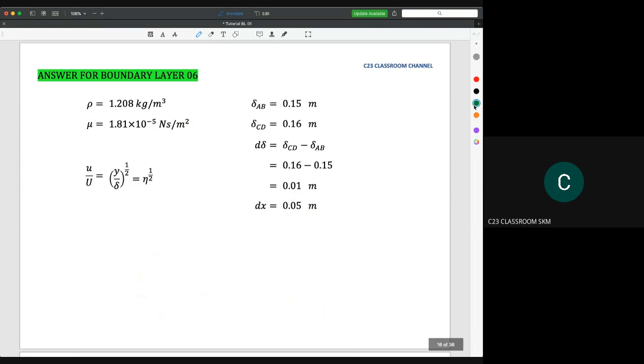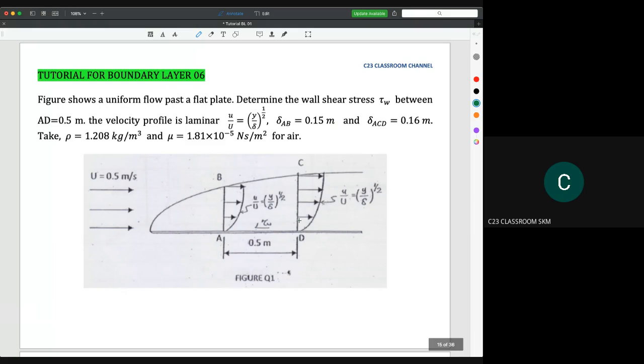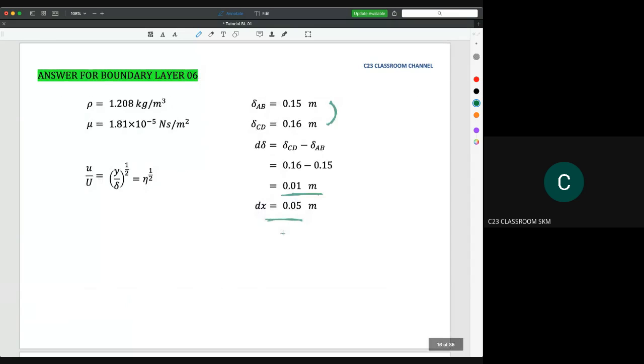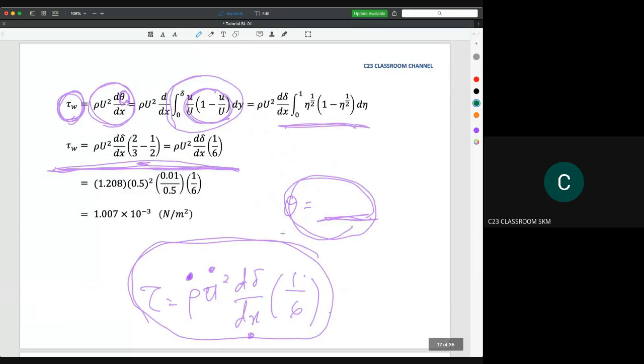As we calculated here, d delta is the difference of these two values, so it is equal to 0.01, and dx is the difference along the x axis here.